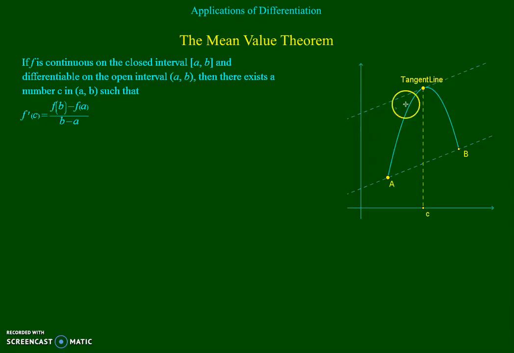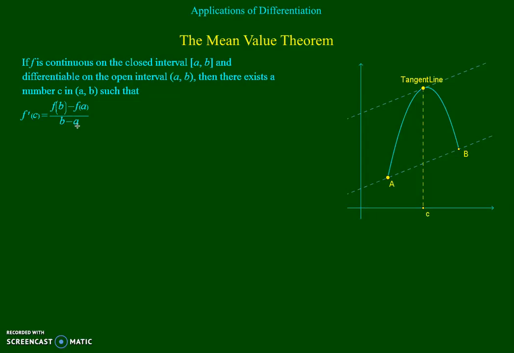So this is actually the instantaneous rate of change at a particular point. So the mean value theorem is telling us that if these conditions are met, then the average rate of change of the function can be found by some value c within those endpoints. So the average rate of change is going to be equal to the slope of a tangent line at some point on that interval. Very, very powerful theorem that we're going to use repeatedly.